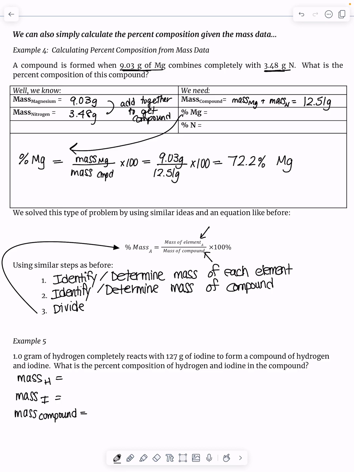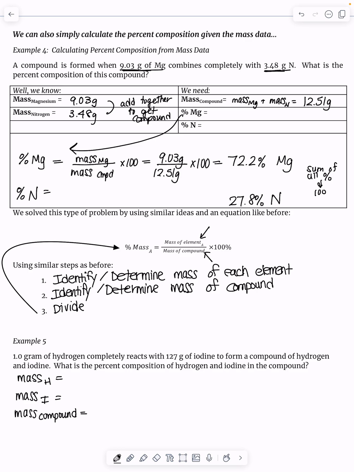Now, I could subtract from 100 and see that I'll get 27.8% nitrogen, because the sum of all percentages needs to add up to 100. So 72.2 plus what number gives me 100%? That's 27.8.